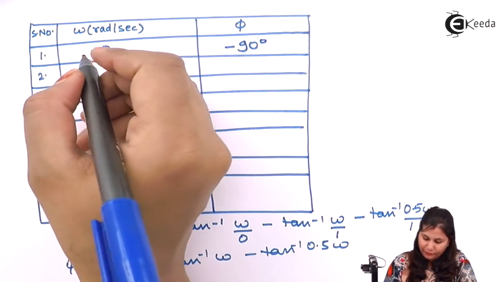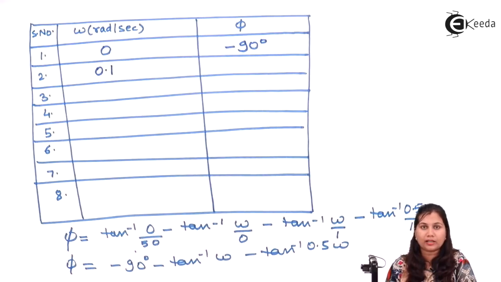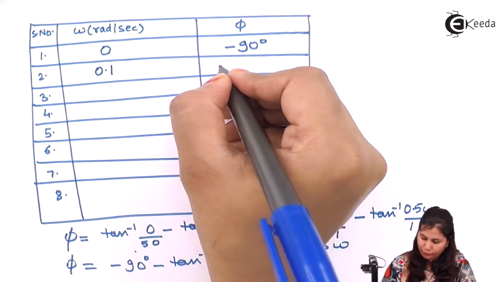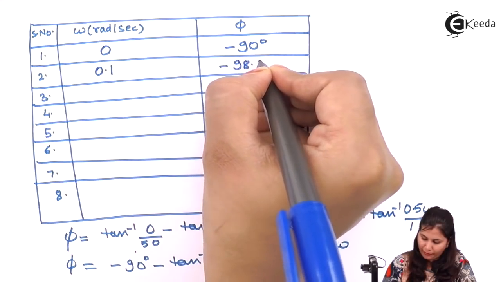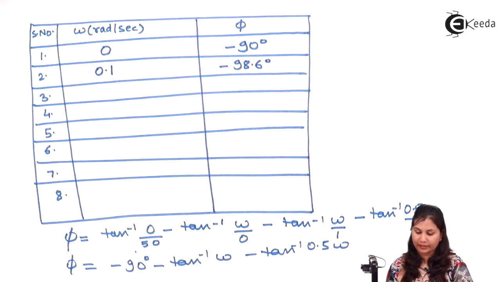Now take another value of omega like 0.1, so it will be minus 90 degrees minus tan inverse of 0.1 minus tan inverse of 0.5 into 0.1. Okay, so here when we calculate the value of phi, it will come out to be minus 98.6 degrees.